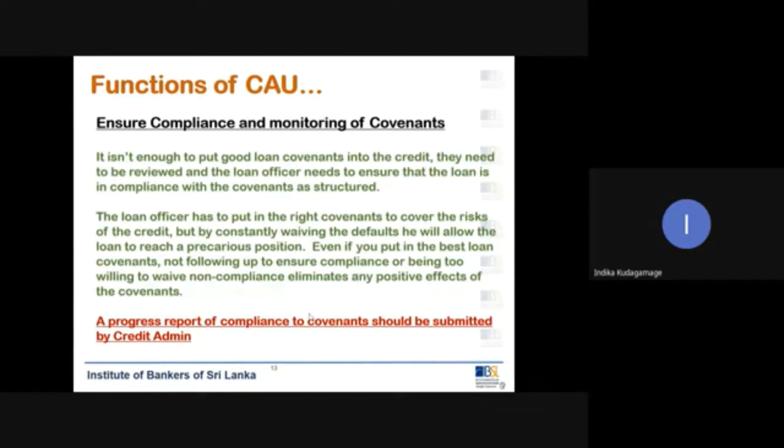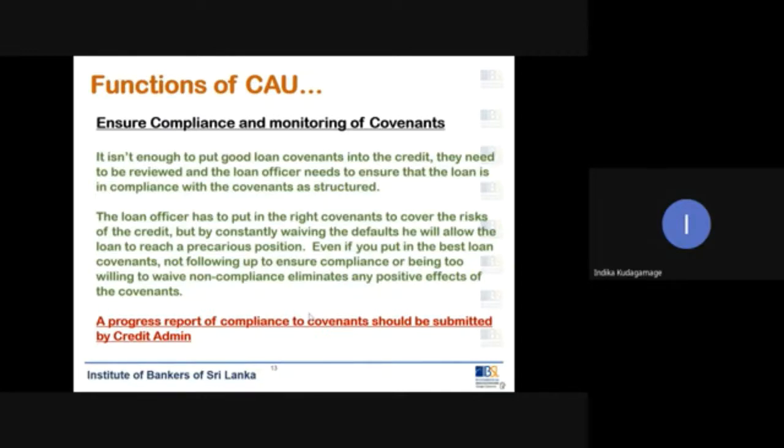Then you need to monitor the governance. It is good to place governance, but if you don't monitor the governance, there is no point placing a governance. Right? We say you should provide financial statements quarterly.